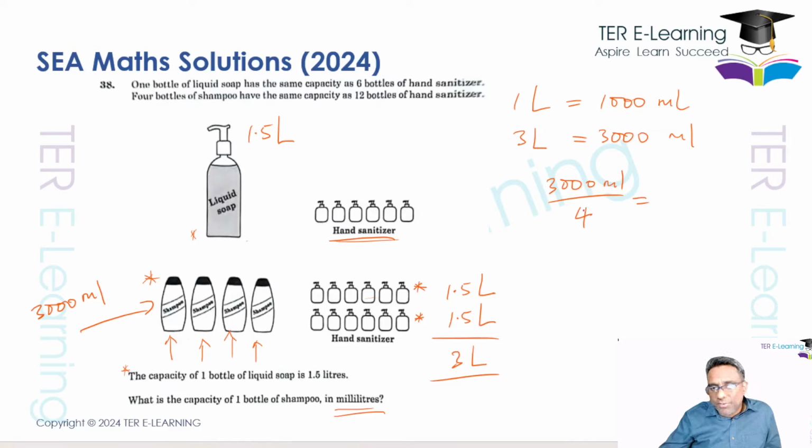So 4 can go into this 7 times. 7 4s are 28, remainder 2. So we have 20 here. So 4 into 20, that's going to give me 5. So therefore, each bottle of shampoo is going to be 750 milliliters.